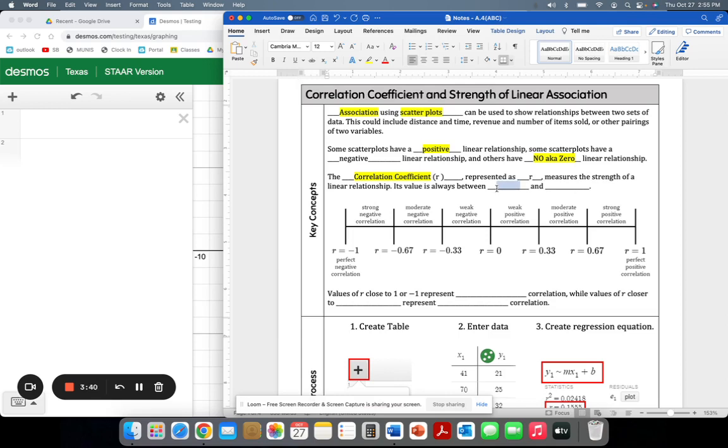Its value is always between -1 and +1. It cannot be more than 1, so it can't be 2, it cannot be 3, it can't be 3 over 2. It is always between -1 and +1.